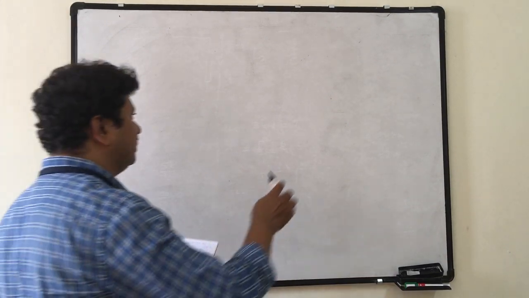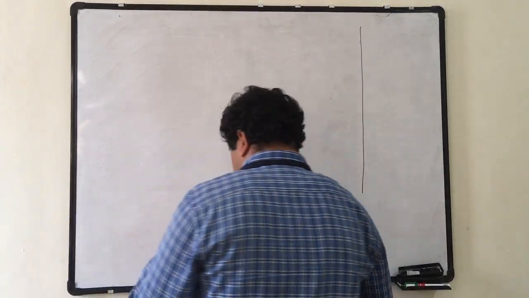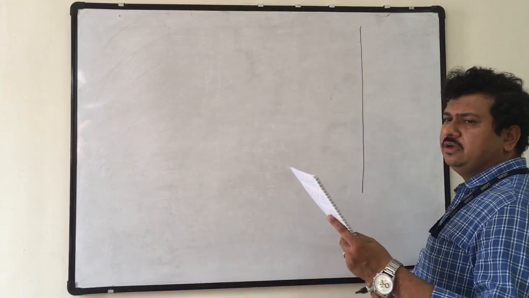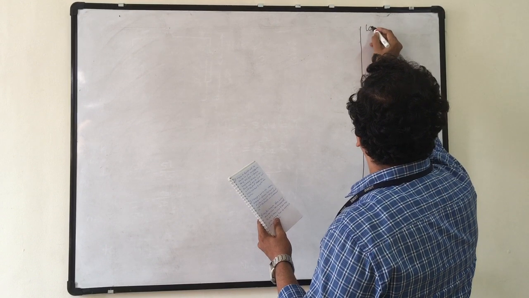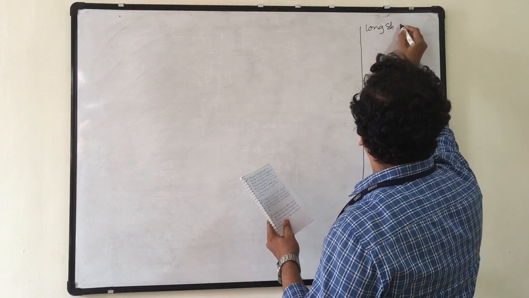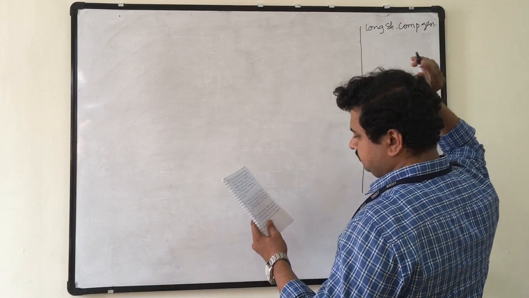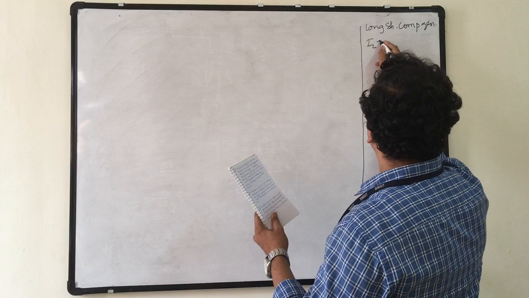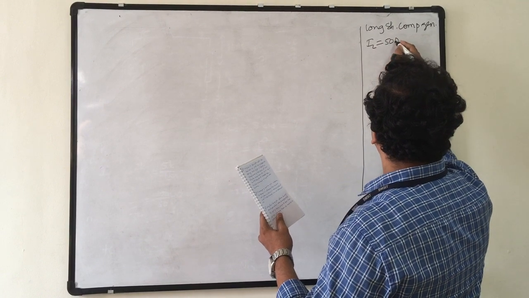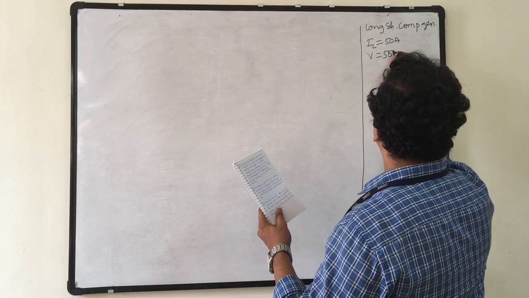Okay, I will read out this statement once again and write the given things. The given generator is a long shunt compound generator. It delivers a load of 50 amperes, so IL is equal to 50 amperes at V equal to 500 volts.